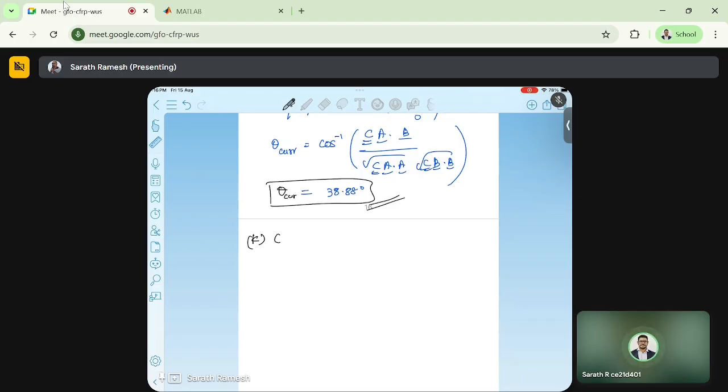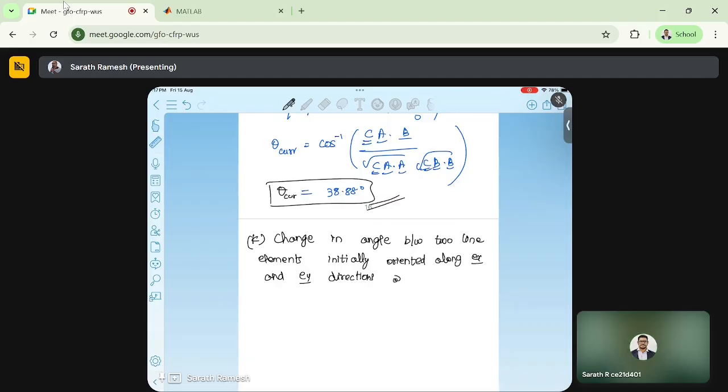So we have to find the change in angle between two line elements initially oriented along X and Y directions at 0, 0.5, 0.5 using the definition of epsilon.